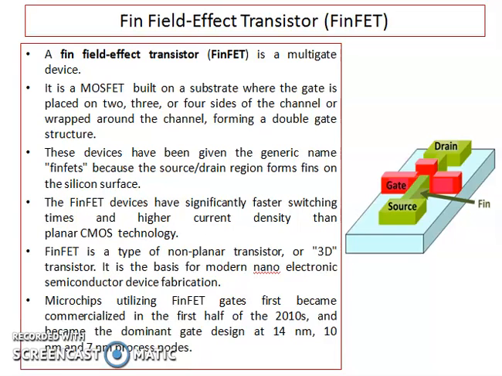It is the basis for modern nanoelectronic semiconductor device fabrication. Microchips utilizing FinFET gates first became commercialized in the first half of the 2010s and became the dominant gate design at 14 nanometer, 10 nanometer and 7 nanometer process nodes.